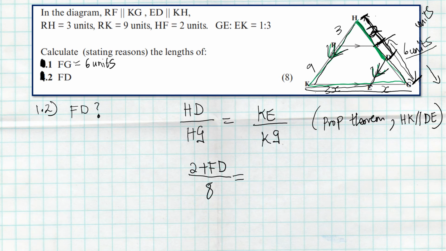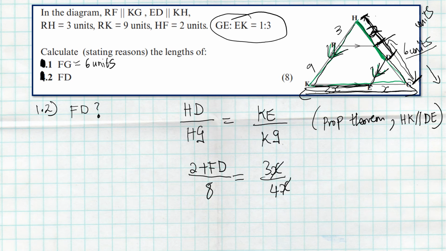Then KE, it was 3x, because of this proportionality ratio. If we write it in a fraction, you will see that indeed KE is 3x over the whole one here, which is KG, which is 3x plus x, which is 4x, right?